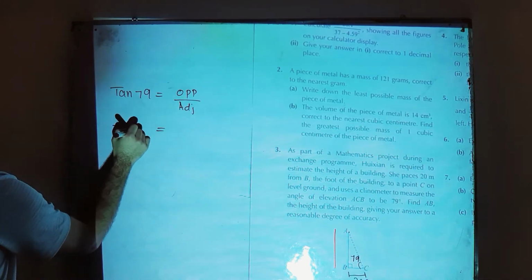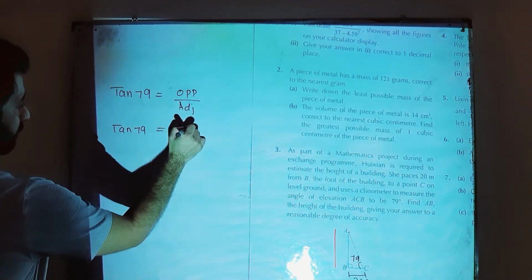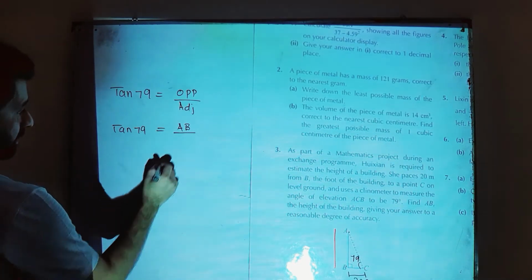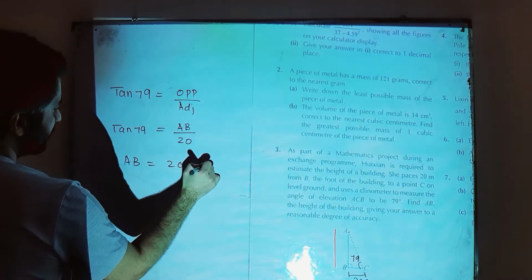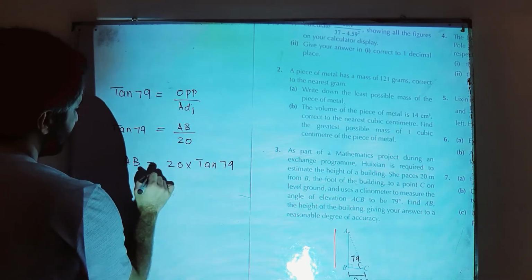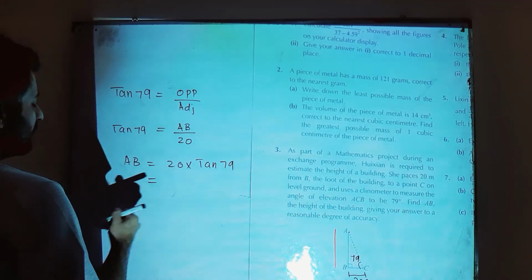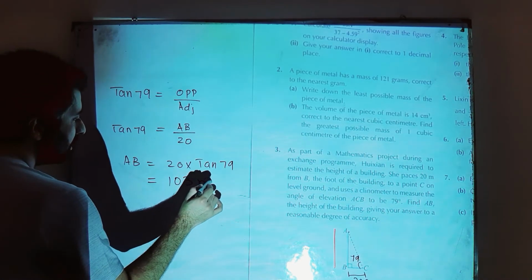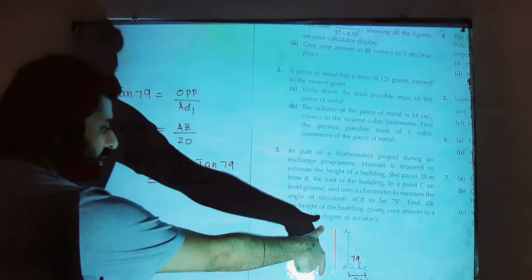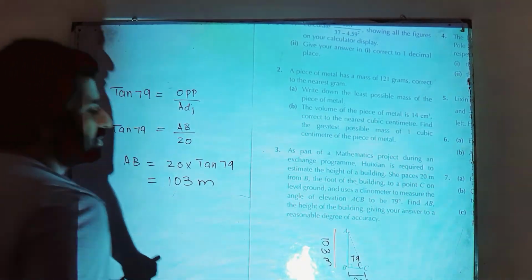So tan 79 is AB, the height of the building, divided by 20. So the height of the building will be 20 times tan 79. When you multiply 20 with tan 79, your answer will be 102.8 something, so that is 103 meters. This will be the height of the building.